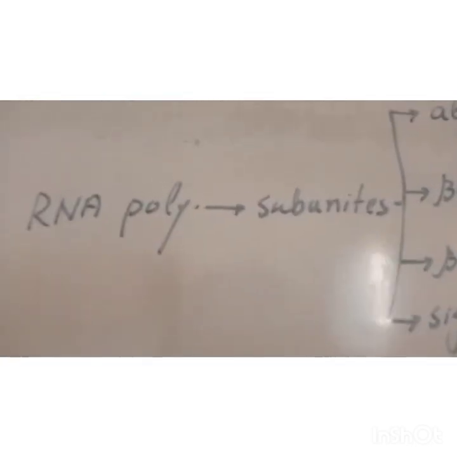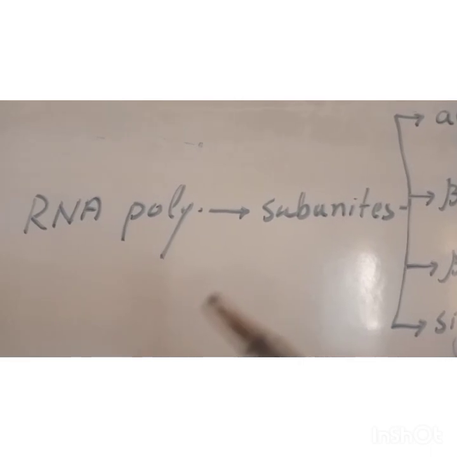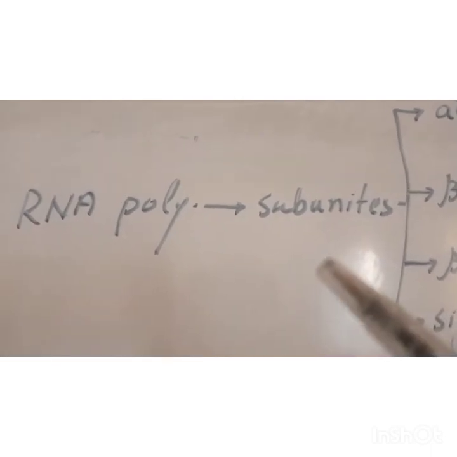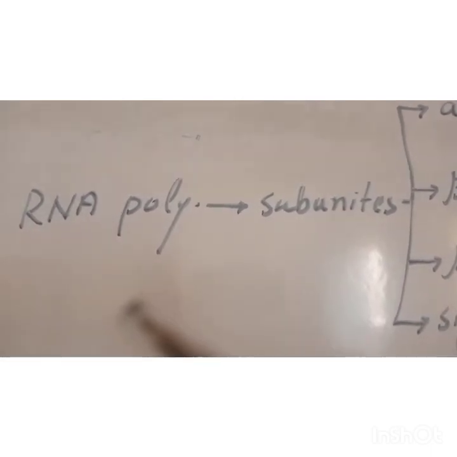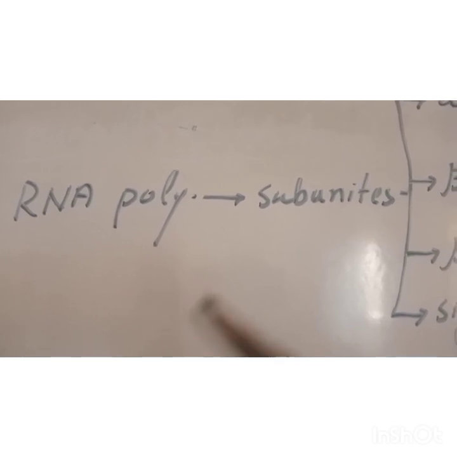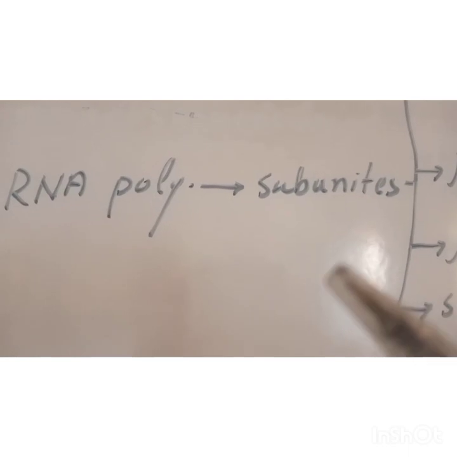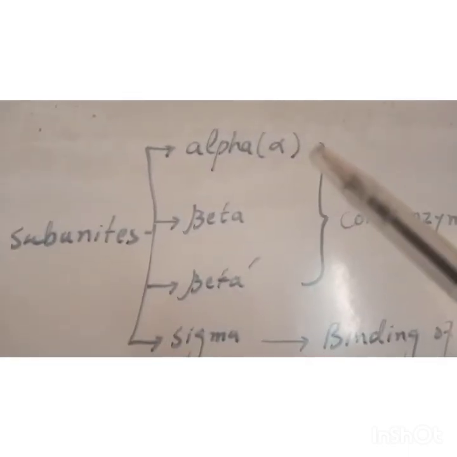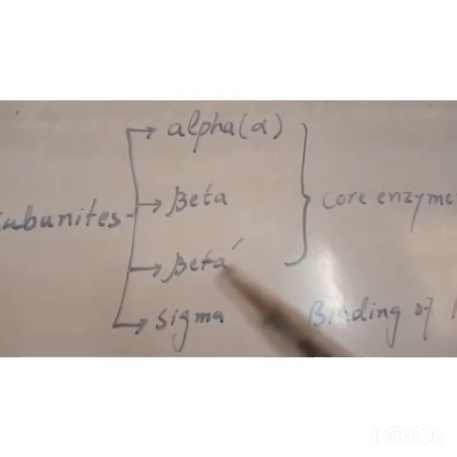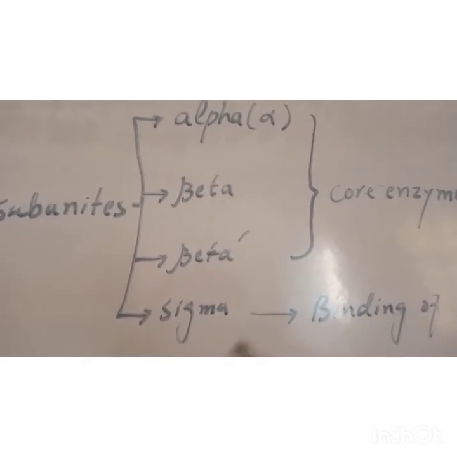RNA polymerase. Composition of RNA polymerase. There are 4 subunits present in the RNA polymerase: alpha, beta, beta prime, and sigma.